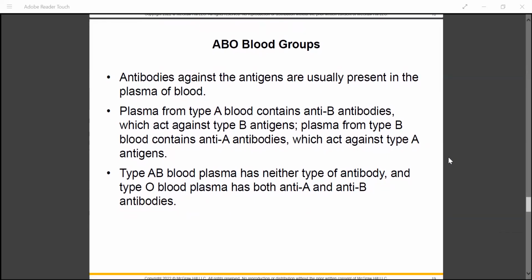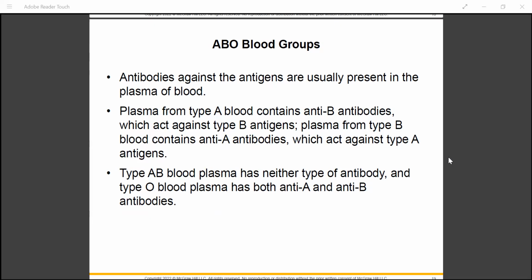Certain blood types, since they have specific antigens, also have specific antibodies within their bloodstream. If you took type A blood that has A antigens on its surface, it would also have anti-B antibodies. Type B blood, which has type B antigens, is going to have anti-A antibodies.